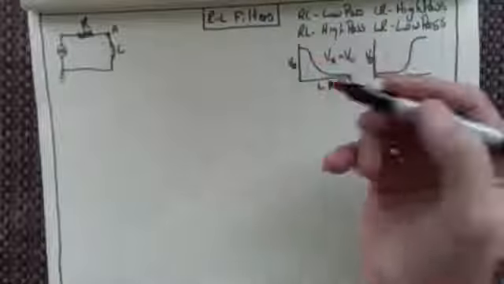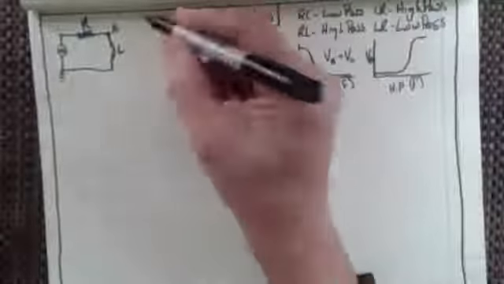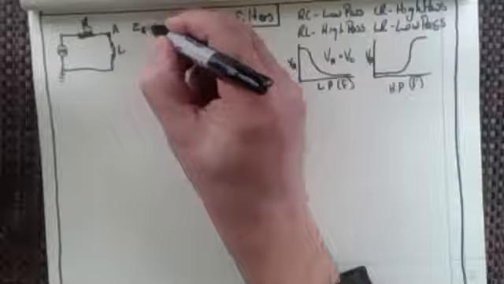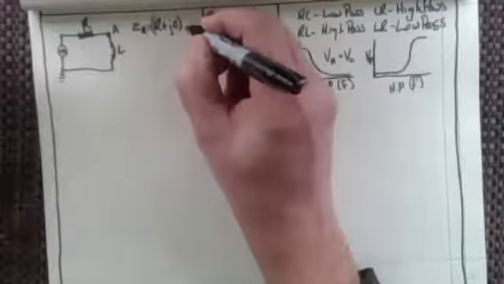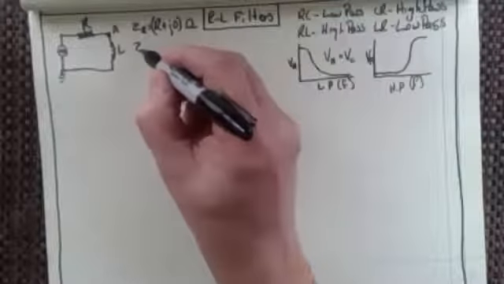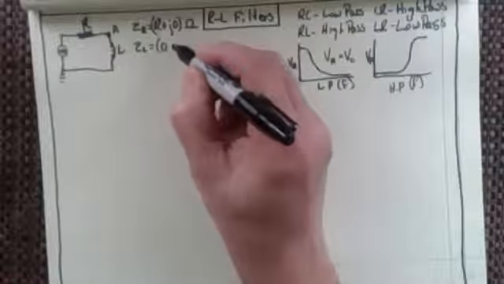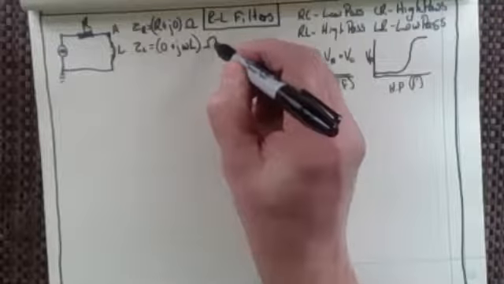I think we can see all of that in there, because let's just look. Z sub R is going to be R plus j0 ohms, right? Z sub L is 0 plus j omega L ohms.